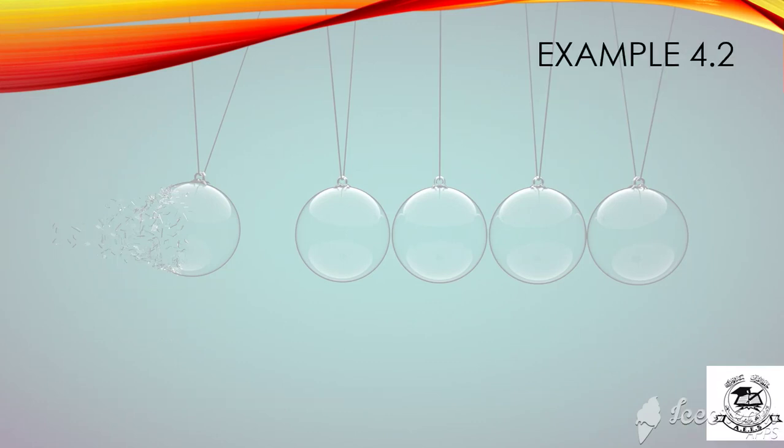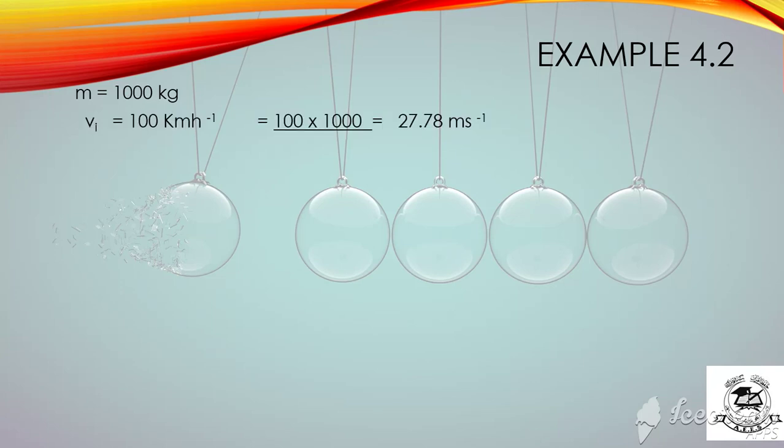Then we have another example, 4.2. It says that a car of mass 1000 kilograms is traveling at 100 kilometers per hour. So the initial velocity, 100 kilometers per hour, has to be converted by the same formula we had been using, multiplied by 1000 and divided by 3600. So we get 27.78 meters per second as the initial velocity.